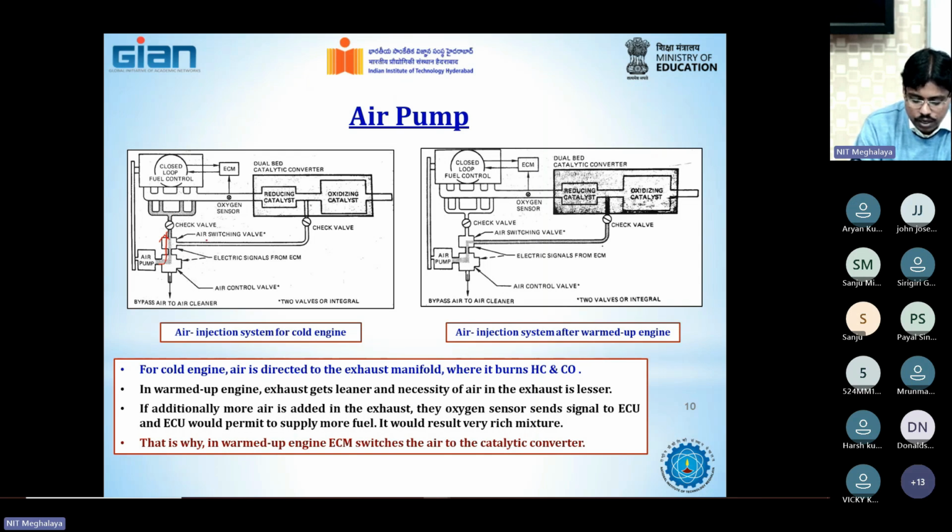The air injectors are placed in the opposite direction of the passage through which exhaust comes out, and the air hits the exhaust gas and burns out hydrocarbon and carbon monoxide outside the combustion chamber and produces carbon dioxide and H2O.